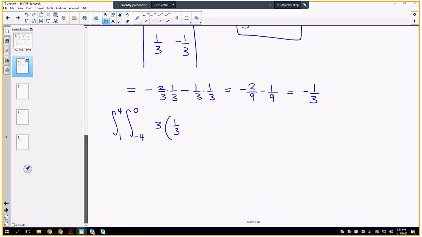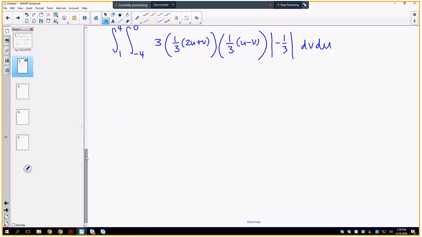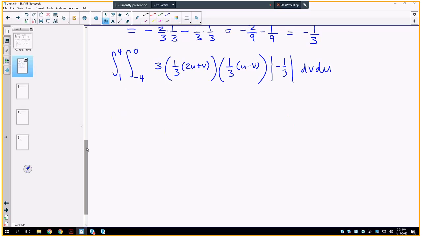So that's 1/3 (2u plus v) times 1/3 (u minus v) times the absolute value of minus 1/3, del v del u. So this should be integration from 1 to 4, integration from -4 to 0.